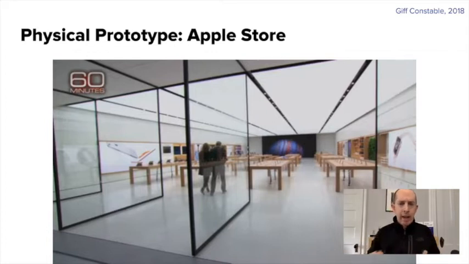And that allowed them to watch how people navigated the store, how people interacted with the products. Now, I remember many years ago, before Starwood Hotels built the very first Aloft hotel, I was working with them and I saw they had built out an entire version of their lobby so they could actually test out their ideas and see how people flowed in the space.